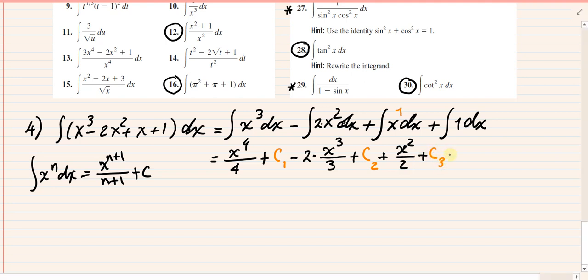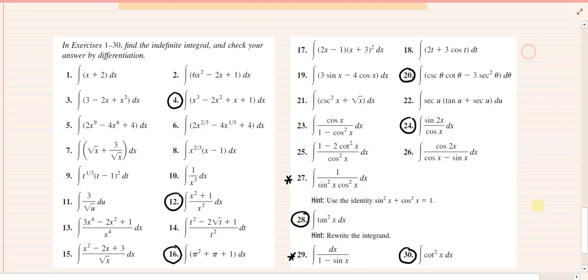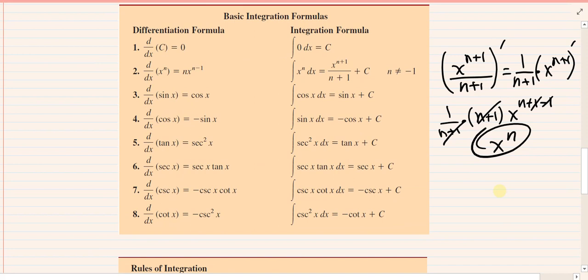And then you have plus the integral of 1 dx. The integral of 1 dx is just going to be x plus a constant, because you can think of 1 as x to the 0, and that's going to be x to the 1 over 1 plus a constant.